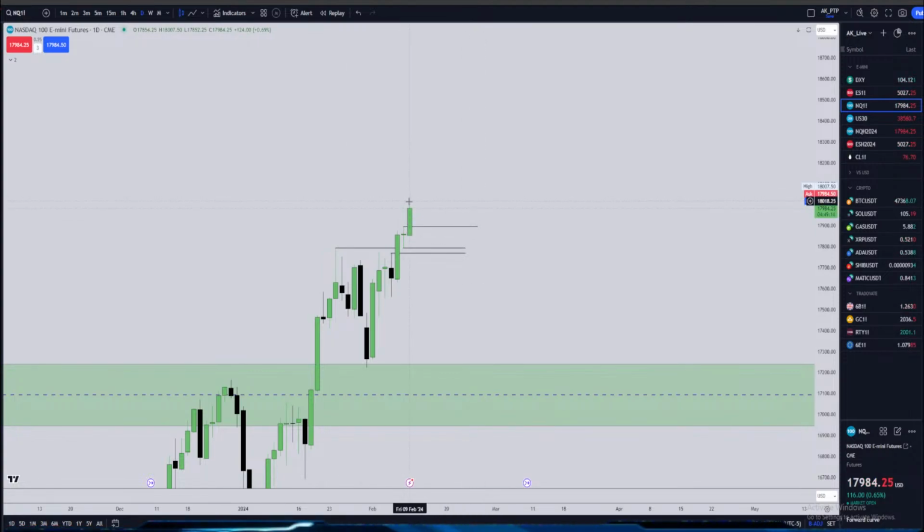For example, if today the market comes lower than this and closes below this level, I'm going for a bearish run of this fair value gap and this liquidity on the daily level. Okay, so on the daily level, this is the liquidity.